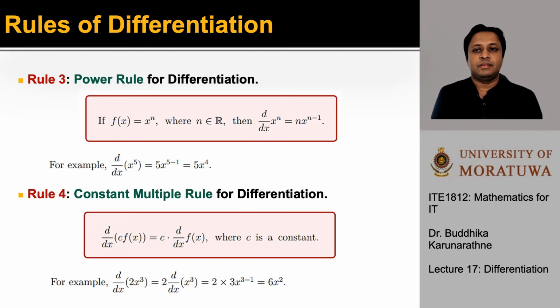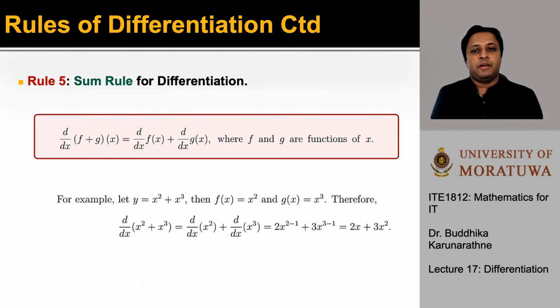Look at the corresponding example: d over dx of 2 times x to the power 3, you can write as 2 times d over dx of x to the power 3. Then you differentiate x to the power 3, which gives you 3 times x to the power 3 minus 1. Eventually, you will get the derivative as 6 times x squared. That's how you use the constant multiple rule for differentiation.